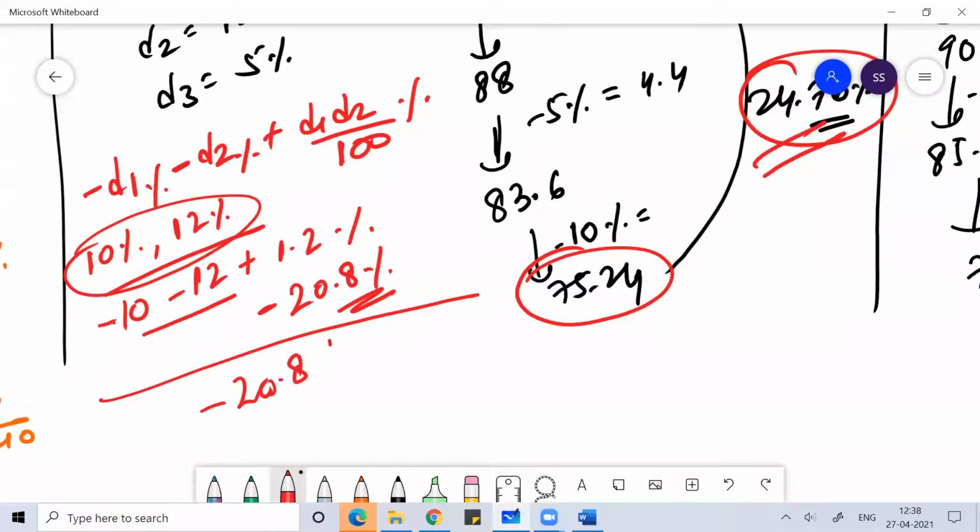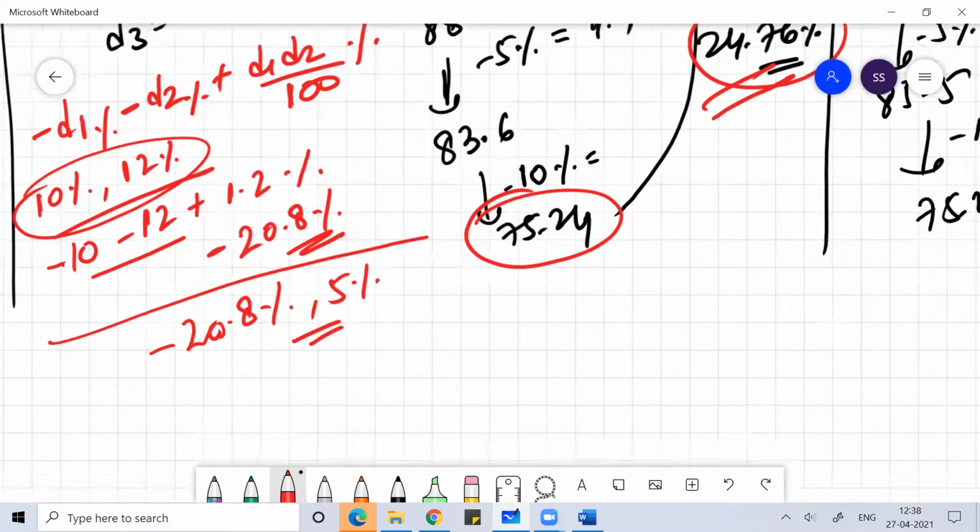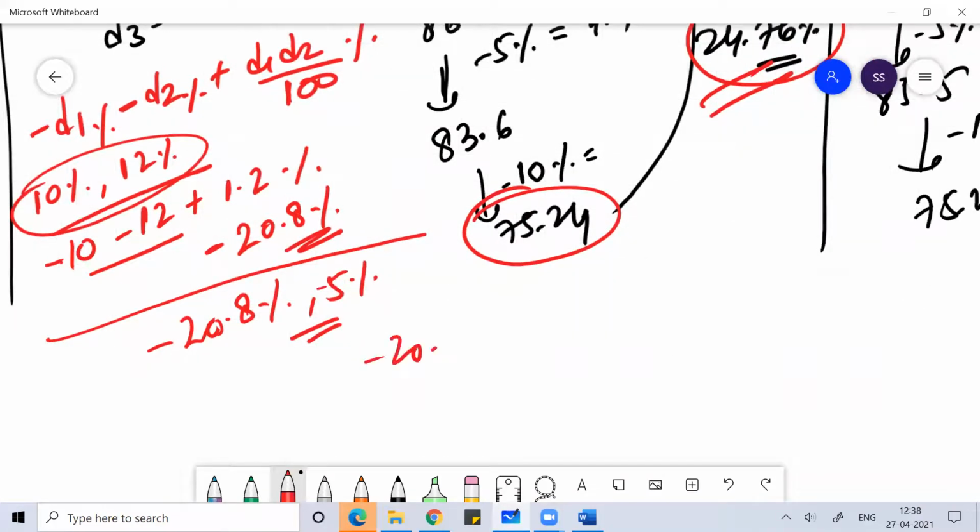Then take minus 20.8 and 5% and find the equivalent: minus 20.8 minus 5 plus 20.8 into 5 by 100.